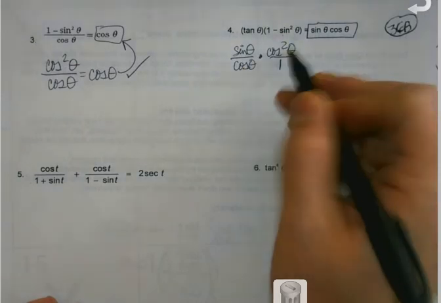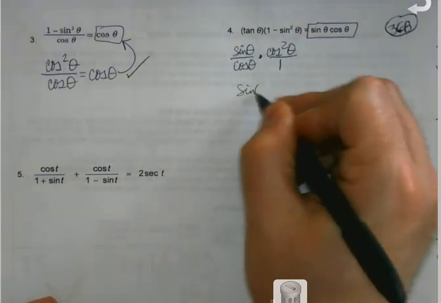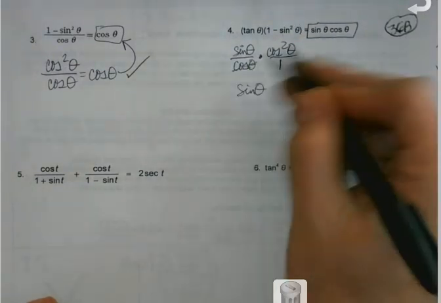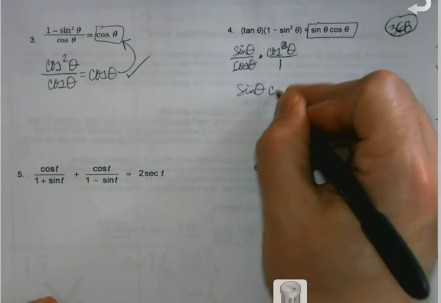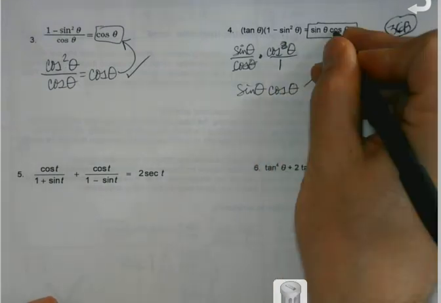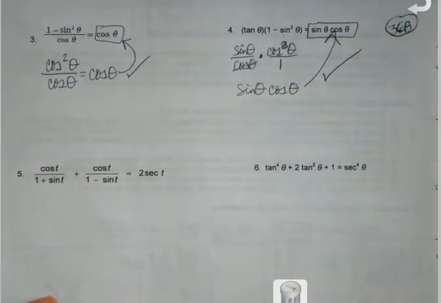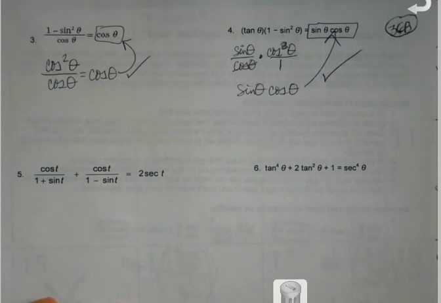Cosine there. Oh, sine theta. And this cosine will go away and get that squared rid of. Well, that was good. Okay. That took care of itself pretty quick. But again, that unfortunately isn't going to happen every time.